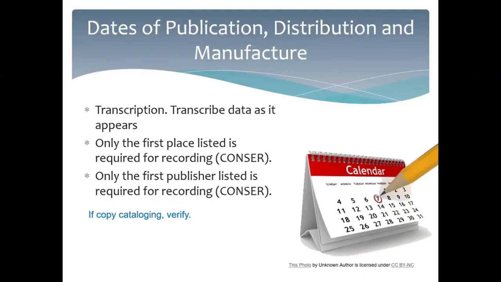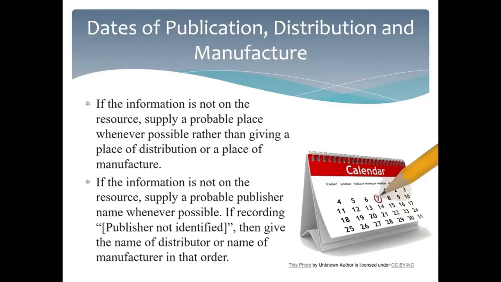CONSER for serial records says that only the first place listed is required, and only the first publisher listed is required. If copy cataloging, you're just going to try to verify it as much as you can. If the information is not on the resource, you're going to supply a probable date, rather than giving a place of distribution or manufacture. And this is becoming more true for monographs too, where you're trying to supply a date if you can.